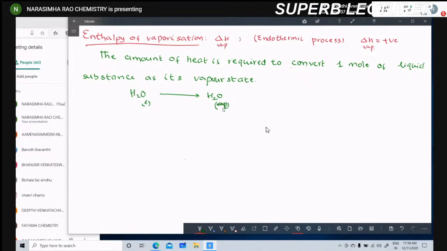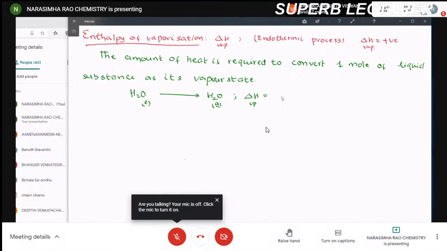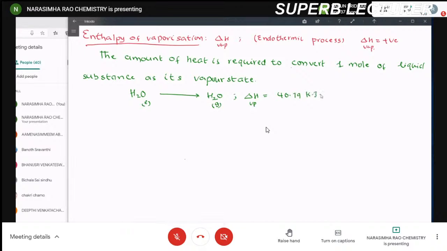For this process, delta H vaporization is plus 40.79 kilojoules per mole. This is plus. Plus means endothermic process. Children, clear, na? Clear, sir.